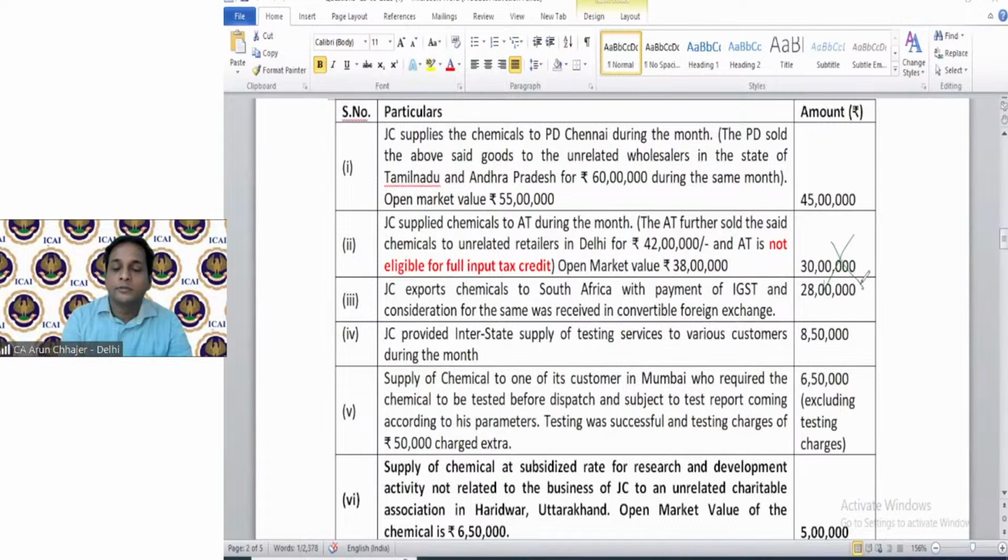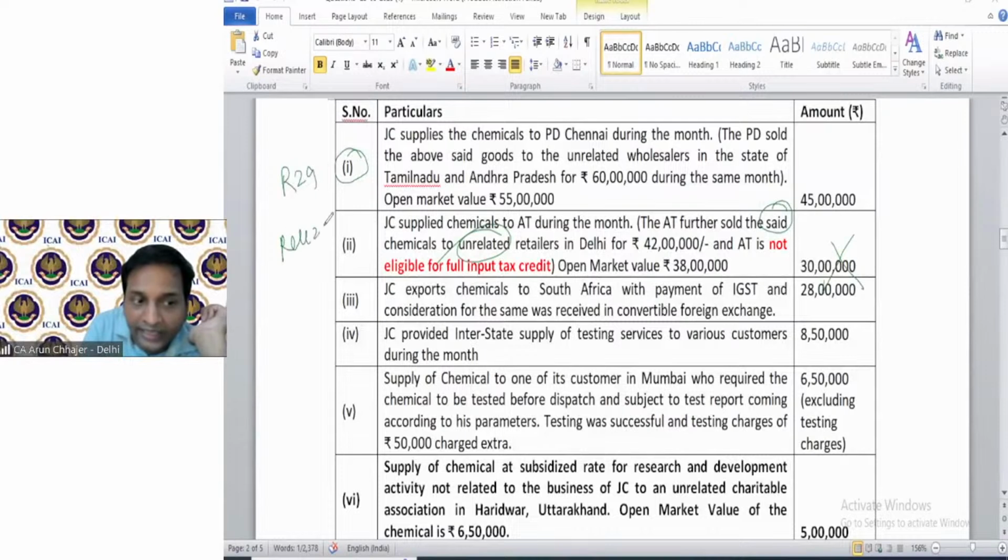Now, the first proviso says the same thing, that 90% of the price being charged to the unrelated customer, again for a like kind and quality product. So you have to give the assumption. See the difference between Rule 29 and Rule 28.